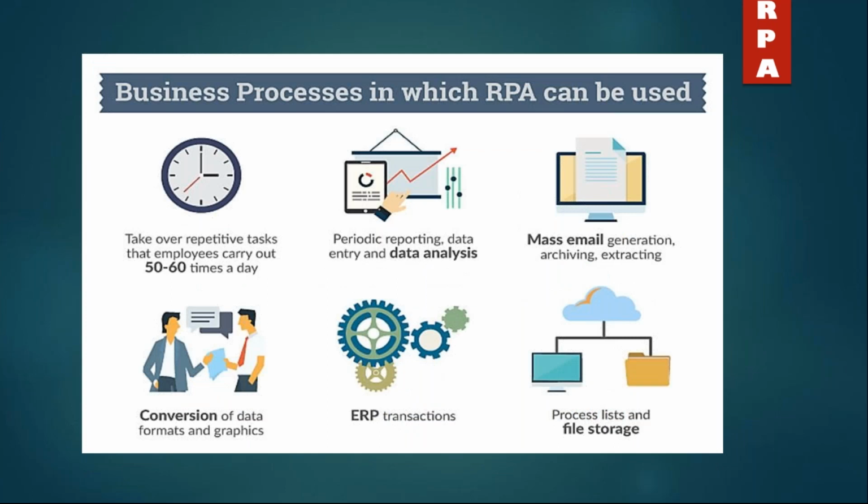And this is also a similar slide. It means taking over repetitive tasks that employees carry out 50 to 60 times a day. Suppose we have one employee in one company, and that employee takes on repetitive tasks, for example repetitive data entry, data validation, data updation, or data extraction.